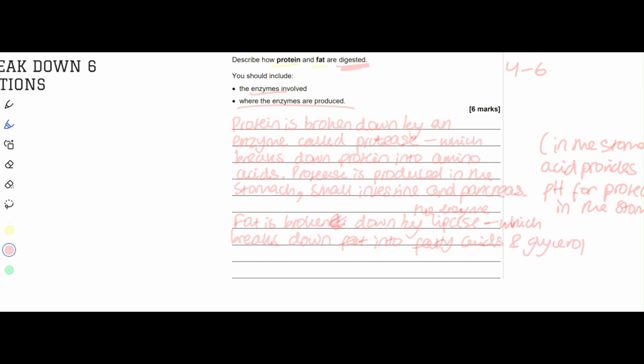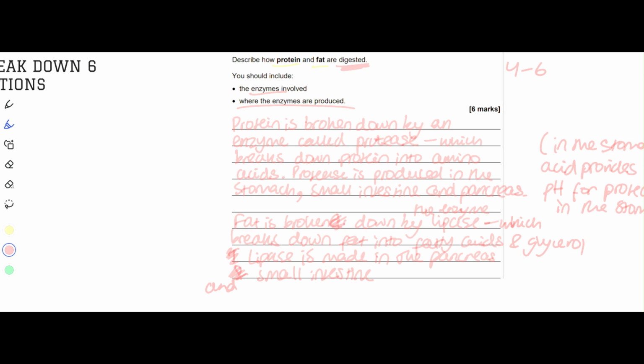Okay, and glycerol. And I'm not going to say this enzyme, I'm going to be explicit always. Lipase, I was just about to write this enzyme. Lipase is produced, it's better to say produced though, in the pancreas and small intestine.